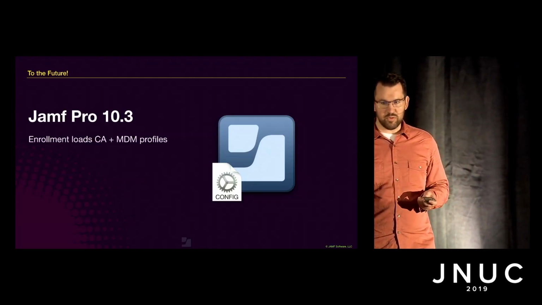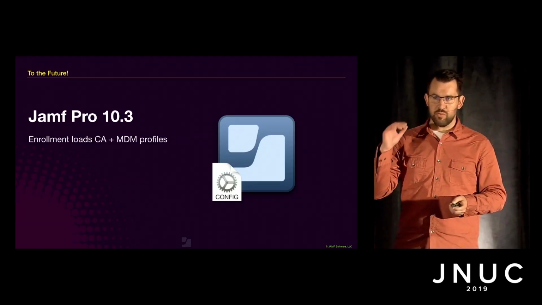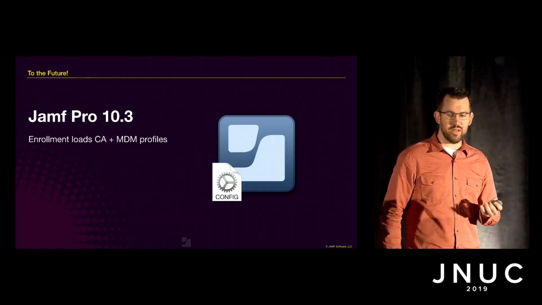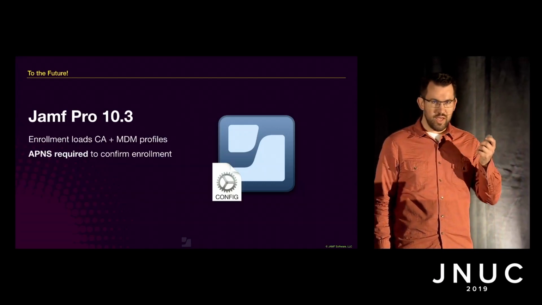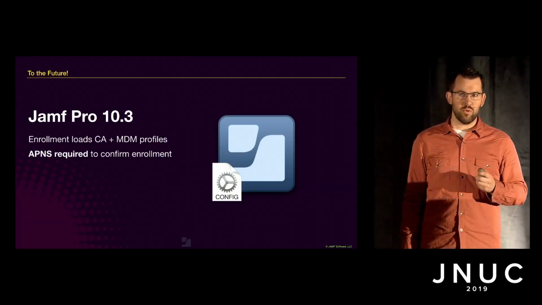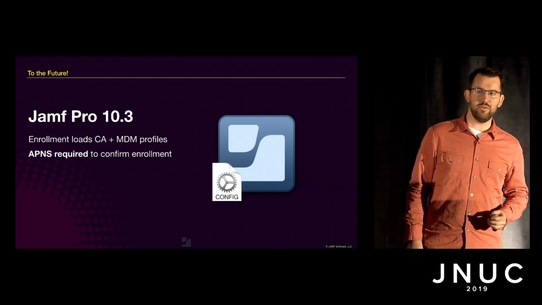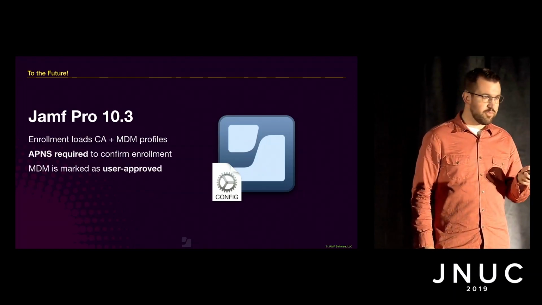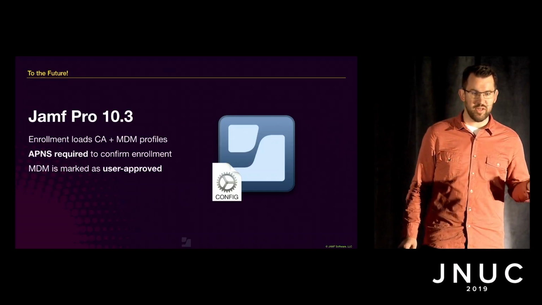Jamf thankfully followed up with version 10.3 that changed the enrollment process, which now loads two profiles: the certificate authority and an MDM. You need APNS to confirm the enrollment. It will not complete if you cannot reach APNS. But the MDM profile will be marked as user approved this way, which is nice.